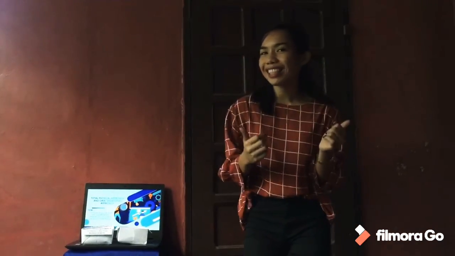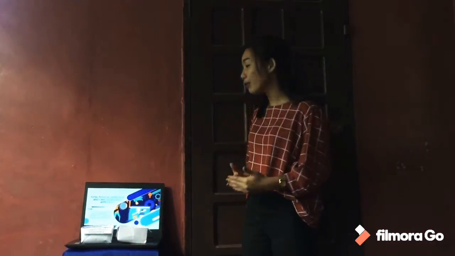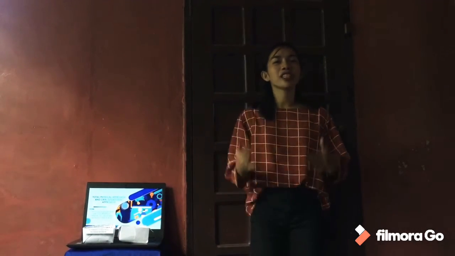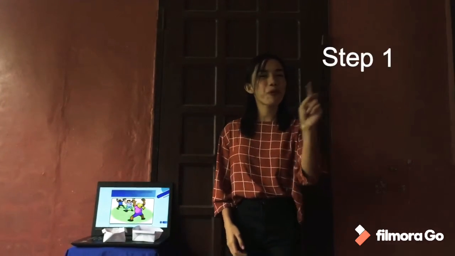But before that, let's have first our activity, which is connected to our topic this afternoon about the Total Physical Response. This activity is called the Run to the Board game. The procedure is, step 1, you need to divide your class into 2.